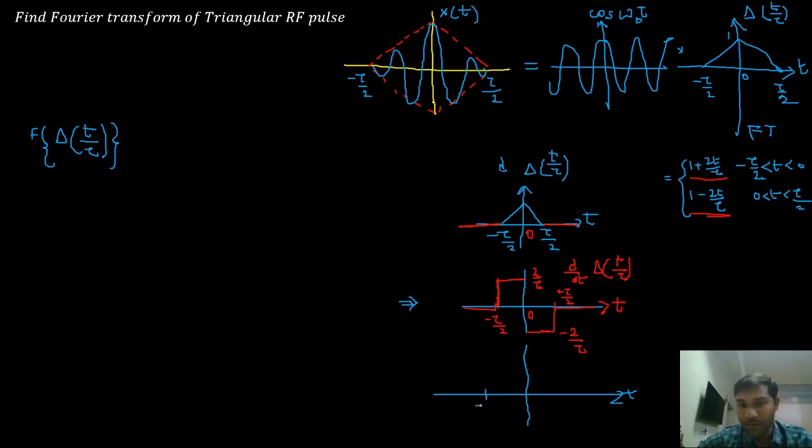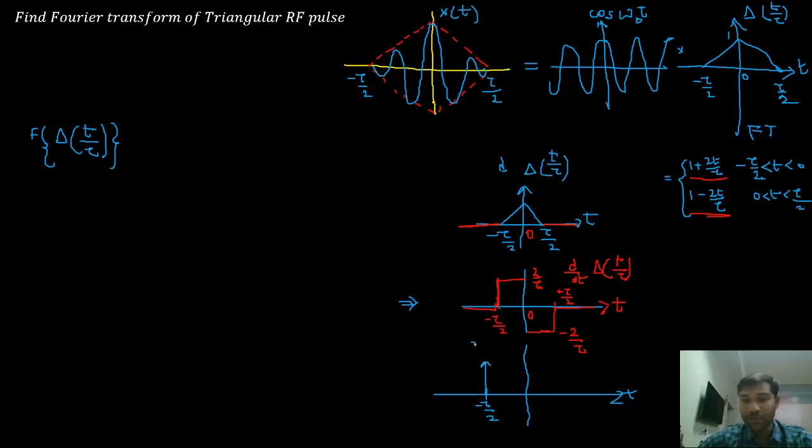at minus tau by 2, since there is a rising edge at minus tau by 2, the edge is rising from 0 to 2 by tau. It is increasing. So if I differentiate this, I'll get an impulse in a positive direction since it's a rising edge.